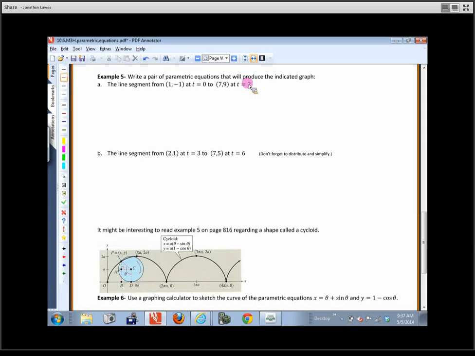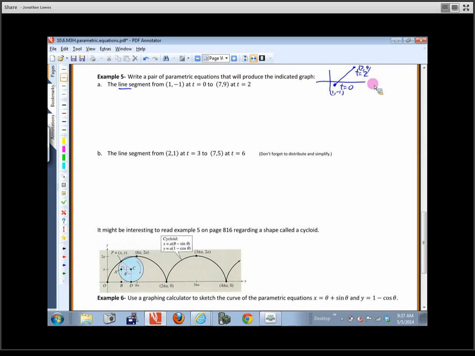Now stop and follow this for just a second. First of all, it's a line segment. It goes directly from (1, -1) to (7, 9). And how long does it take it to go from here to here? 2 seconds. So this is t equals 0 to t equals 2.